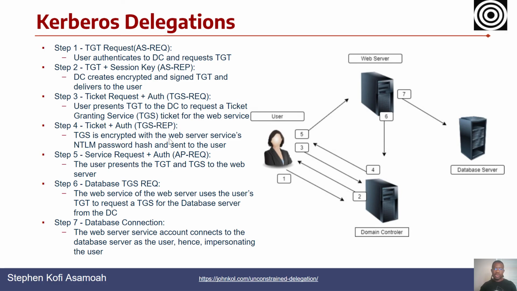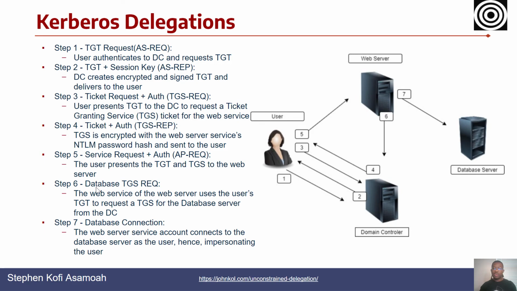It's encrypted with the web service's NTLM hash, password hash. Remember, we talked about Kerberos, right, in our previous attack. So this should be familiar to you, right? So now the fifth step is the user presents the TGT and the TGS to the web server, which is this one right here. So the web server gets this ticket, all right?